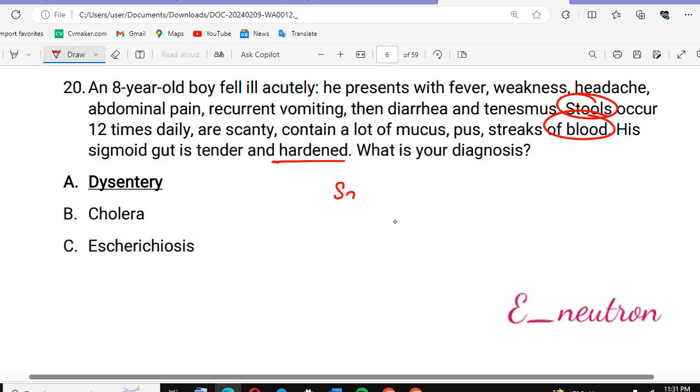We studied Salmonella typhi, I hope many of you watched my videos where we discussed it, and we studied Shigella dysentery. For this we studied the mnemonic, sit lid.